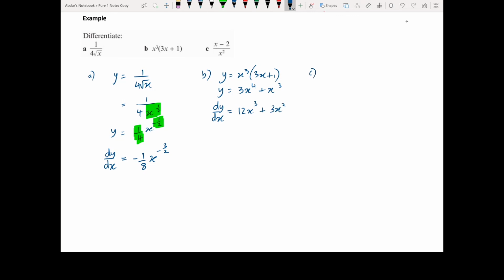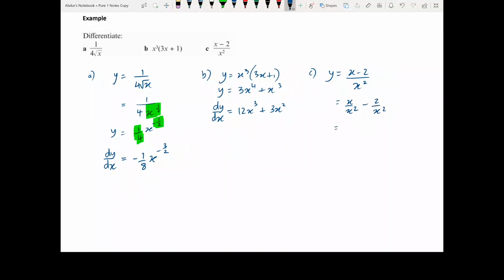Likewise with part C here, let's write this down. Y is equal to x minus 2 over x squared. So we don't want to have anything where we've got x's on the denominator, nor do we want to have surds. We want to simply get terms with x's with indices. So first thing which we're going to do is divide through by x squared. So we end up with x over x squared minus 2 over x squared.